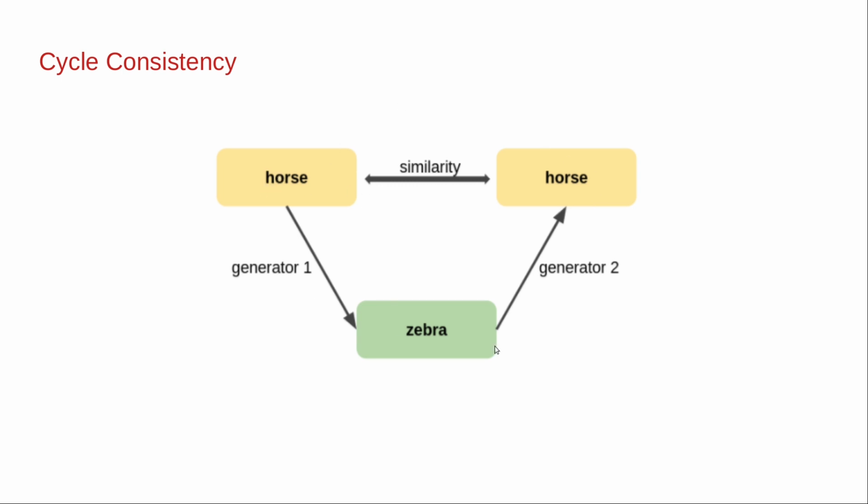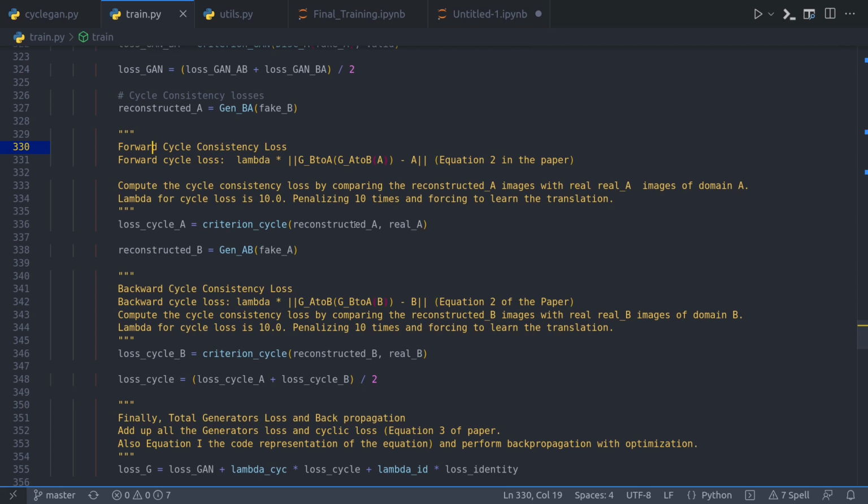So this is what we are calculating here. That's a forward cycle consistency loss, and if we started from here in the opposite direction after two cycles, that would be my backward cycle consistency loss. And here in this code, I am calculating exactly that, the forward cycle consistency loss, in the first section here.